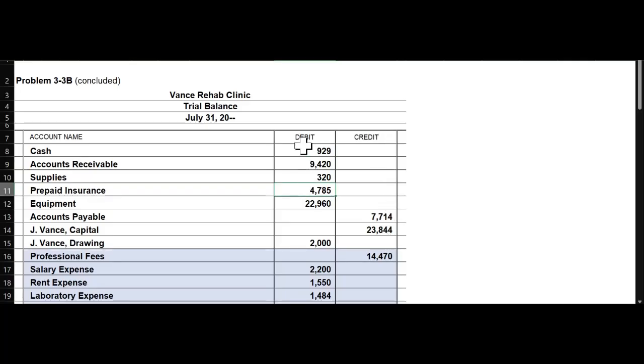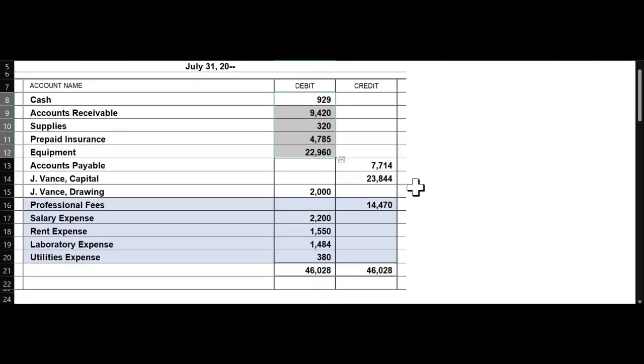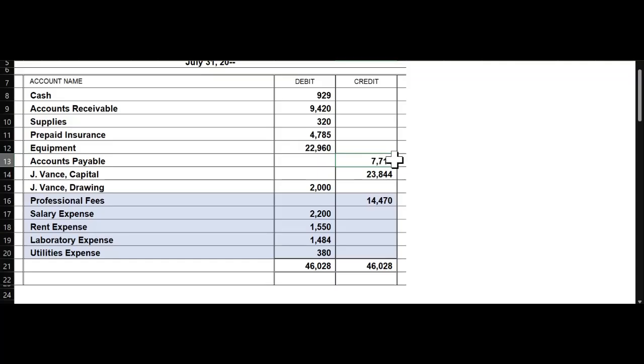So everything looks normal here. By that I mean all my assets, they have debit balances as they should. My liability has a credit as it should. The capital has a credit as it should. And this contra equity account, which is the drawing, has a debit as it should. So assets first, then liability, then equity, then revenue, and then your expenses.